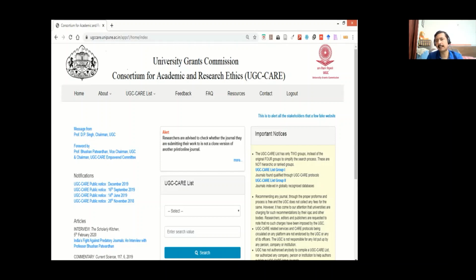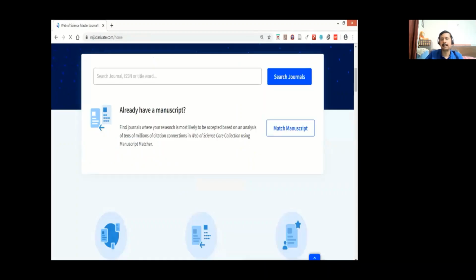So you may find a journal either in Group 1 or Group 2. The second source is Master Journal List provided by Clarivate Analytics, the company which provides Web of Science database service.